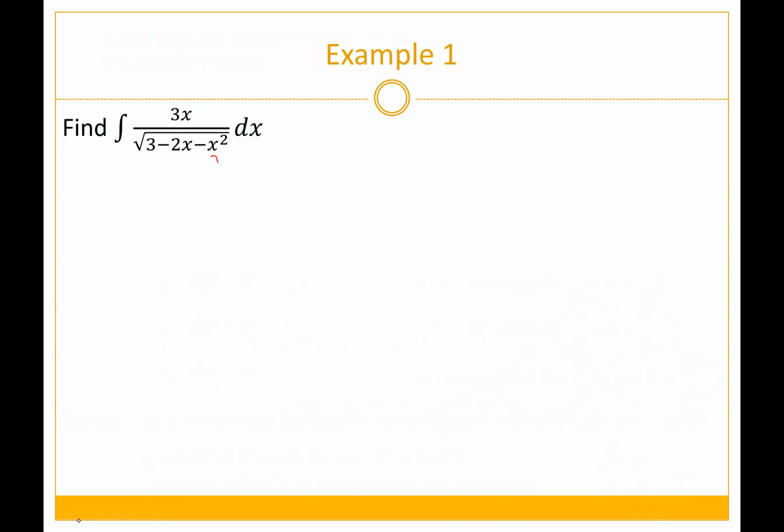So let's go to the first example. The first example asks us to find the integral of 3x over the square root of 3 minus 2x minus x squared dx. Here I'm going to try to put it in the form of a squared minus x squared, a squared plus x squared, or x squared minus a squared under that square root.